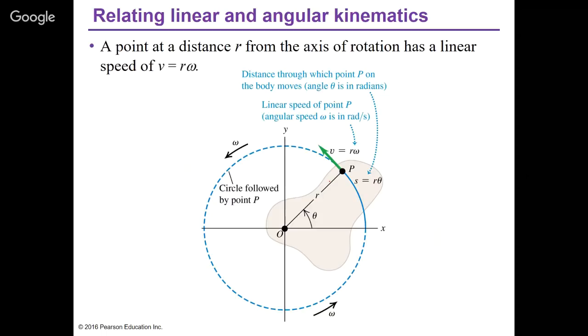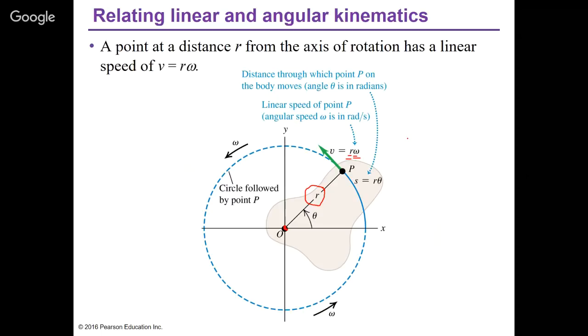For a point here that's basically rotating, revolving around point zero, the origin here, if its distance from the rotation axis is r, and the angular speed is omega, then the velocity would just be the radius times the angular velocity or angular speed.